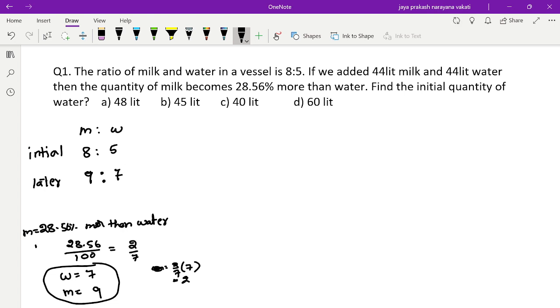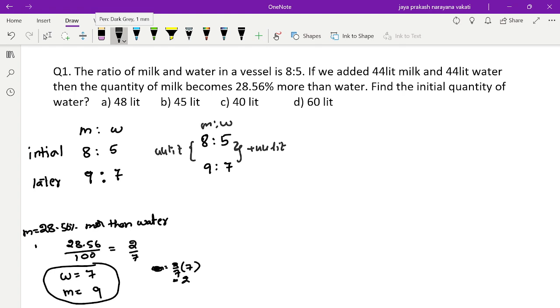Nice. Now it's very easy. Let me jump into this again. The 8 is to 5 ratio became 9 is to 7 by adding 44 liters of milk and 44 liters of water.